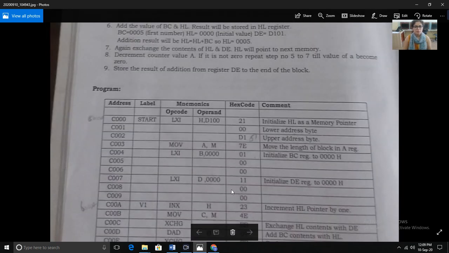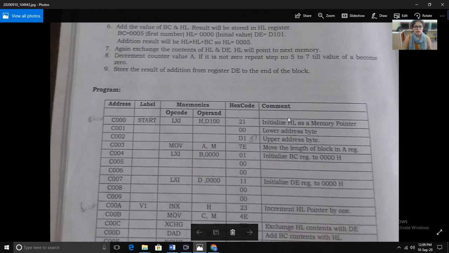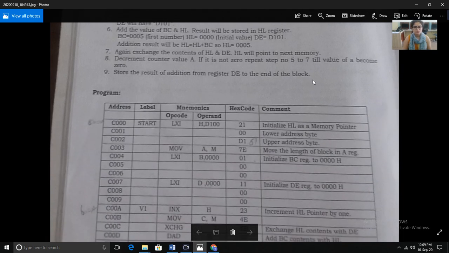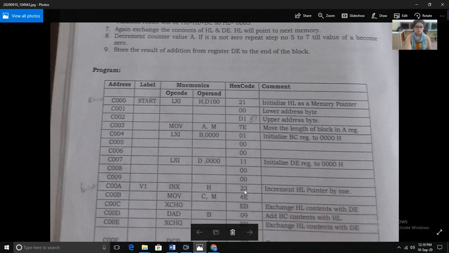Now we will see how the program works. As students, it was mentioned that you have to use the DAD instruction. You know what the DAD instruction is. When we use any register pair with the DAD instruction, it adds the contents of that register pair with the HL register pair, and the result is stored back in HL.